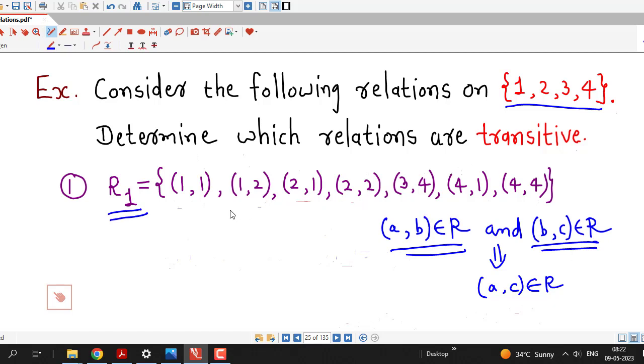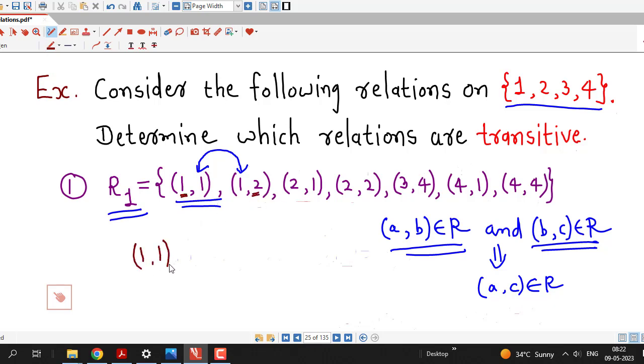For example, if we start with this one, here the second component and here the first component are the same. So (1,1) belongs to R1 and (1,2) belongs to R1, therefore (1,2) must be present in R1.